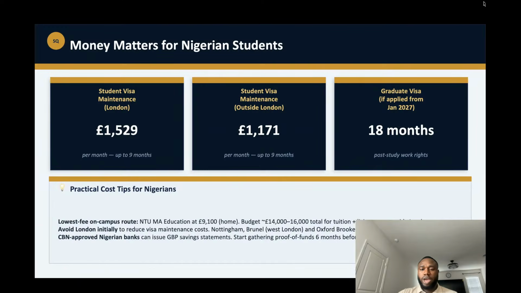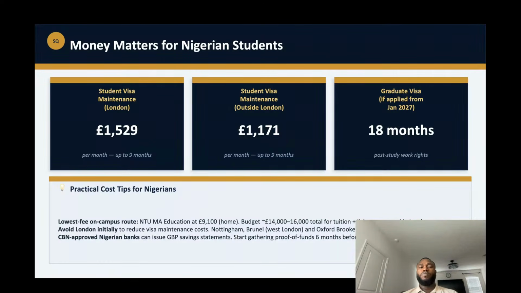Especially if you're in a country where you don't have family or friends that would easily help you. So if you're struggling with finance, then you want to avoid universities in London. London is very, very expensive. Accommodation is expensive. Transportation, feeding, it's very expensive.